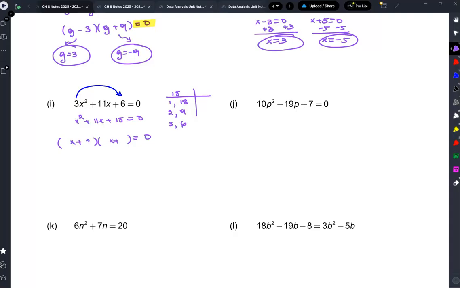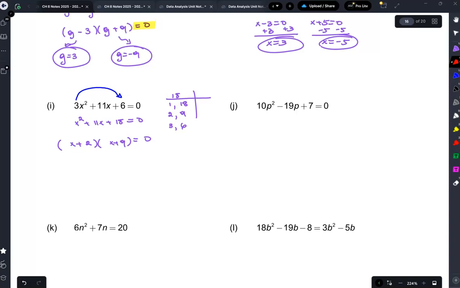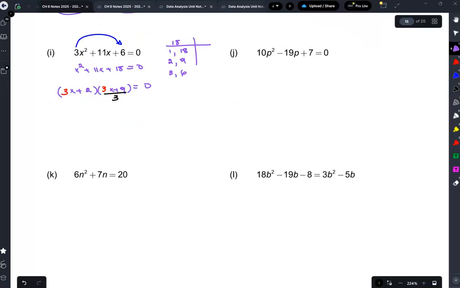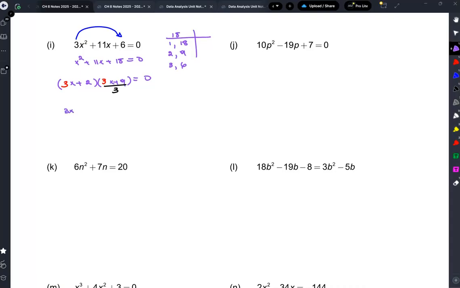2 and 9. But now I need to put back the 3 that I took away. And now, what do I divide by? 3. So I have 3x plus 2, x plus 3 is equal to 0. Okay?